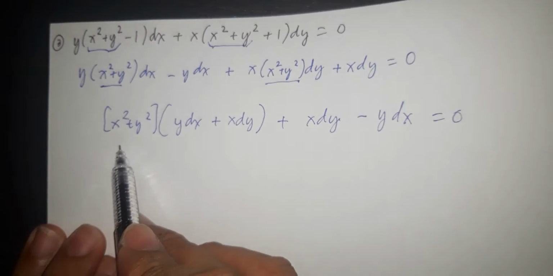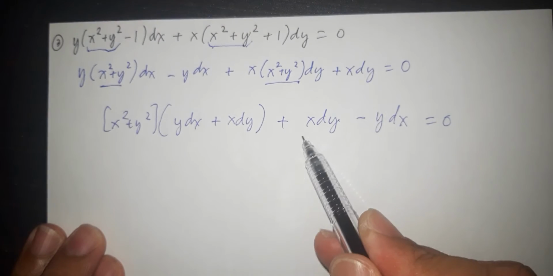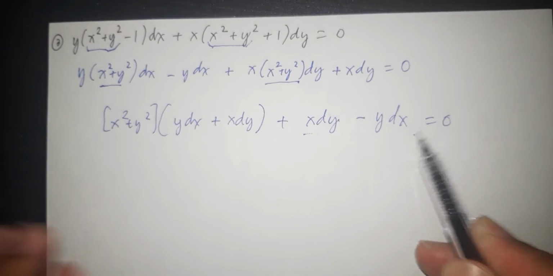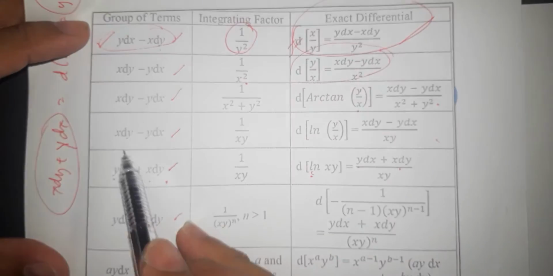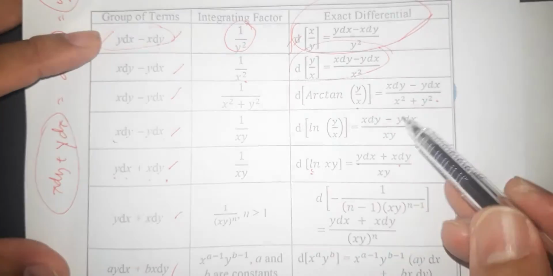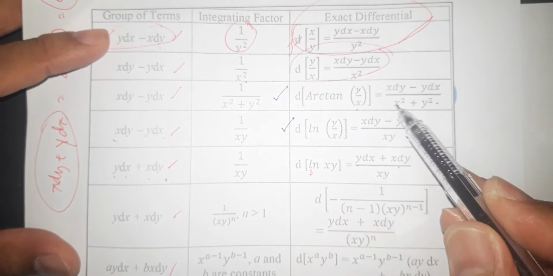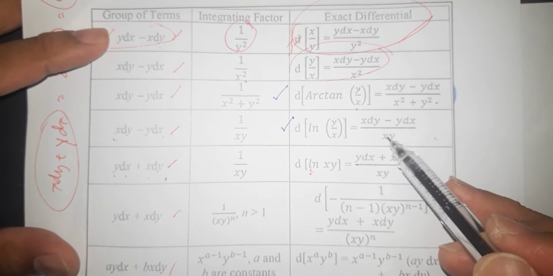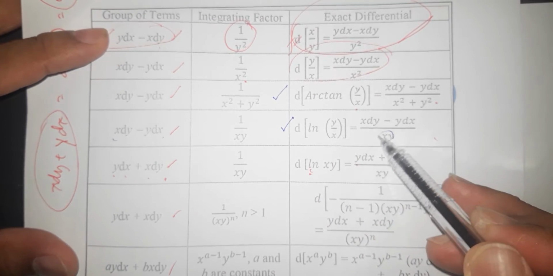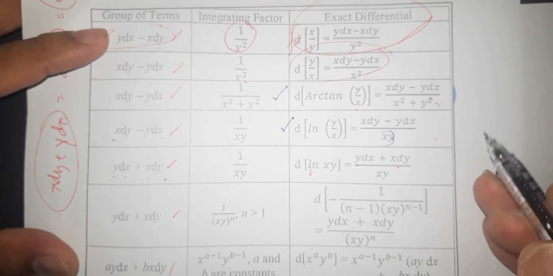So this x dy minus y dx, if we go back to our reference, can be the derivative of ln y over x or the derivative of arctangent y over x, if the denominator is xy and x squared plus y squared respectively.